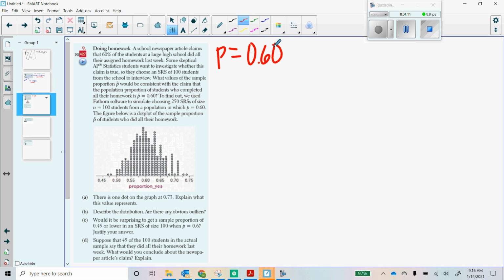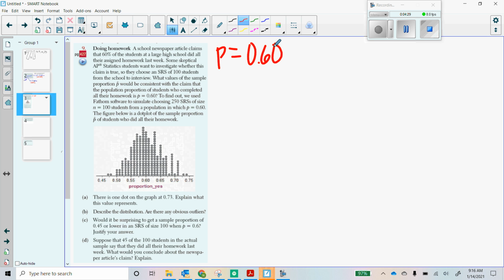And again, this was just a simulation, so there's lots of different ways they could do that. They could have done it with a random number generator, could have set up the hat method, or a computer program that does it. It looks like they used Fathom, which will help you make a simulation. And they chose 250 simple random samples.